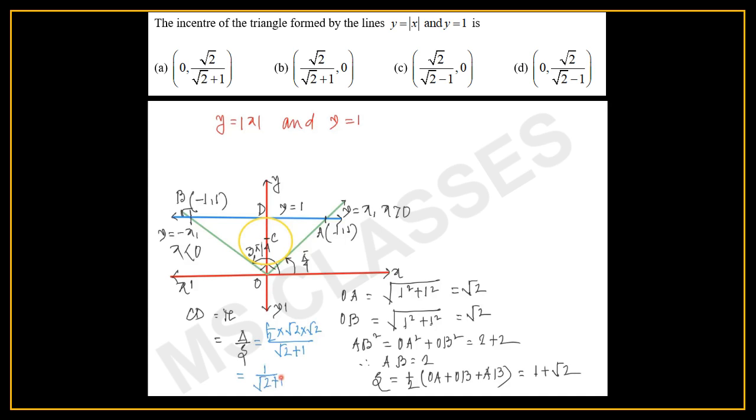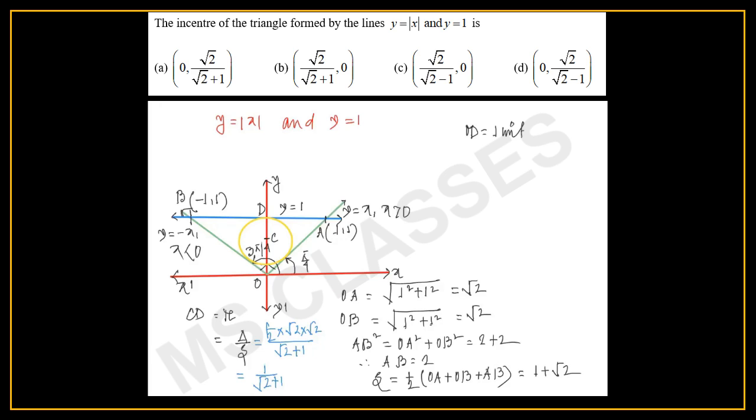Very simple. This total length is 1 unit because this is the y equal to 1 line. So here we can say that OD length is 1 unit. We write here that OD length is equal to 1 unit.